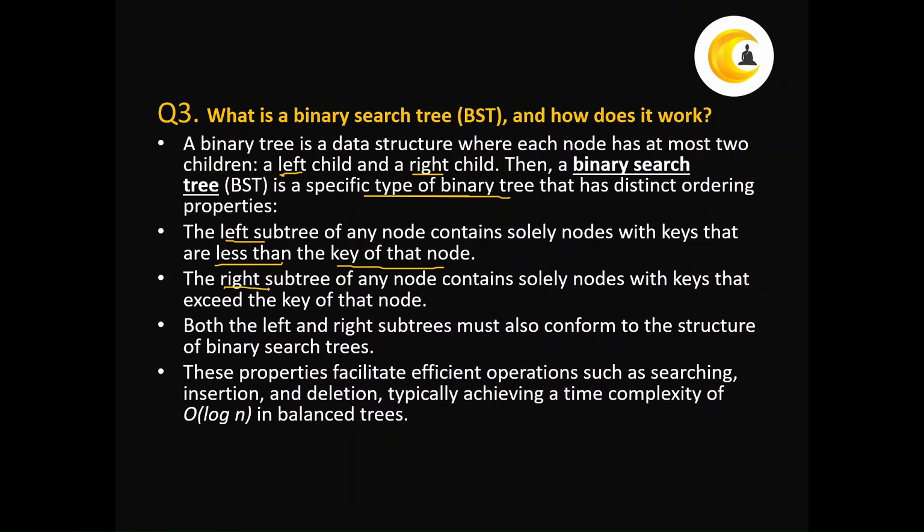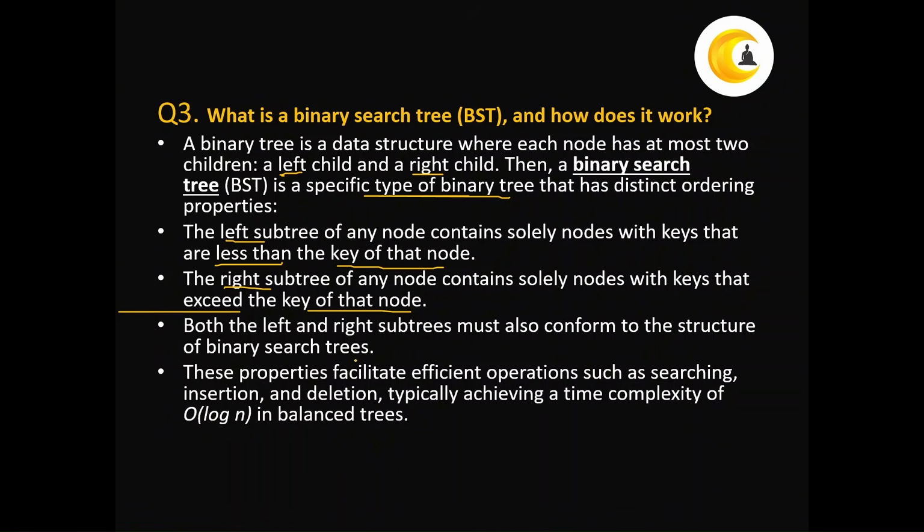Similarly, the right node will always be greater than or will exceed the key node. Okay. Now, both left and right subtrees must also conform to the structure of the binary search tree, both left and right. Okay, and these properties facilitate efficient operations such as searching.